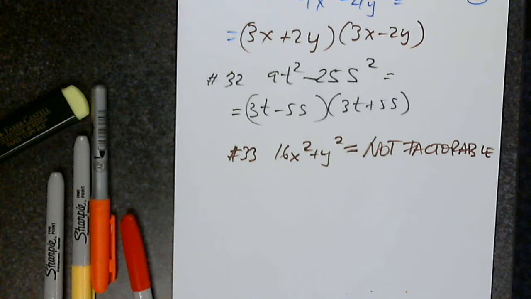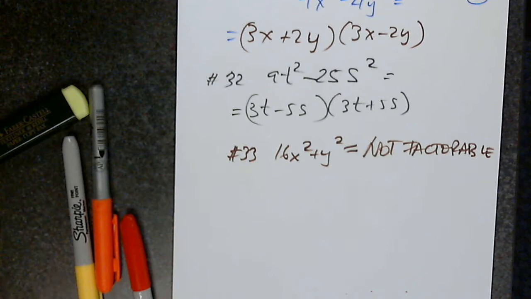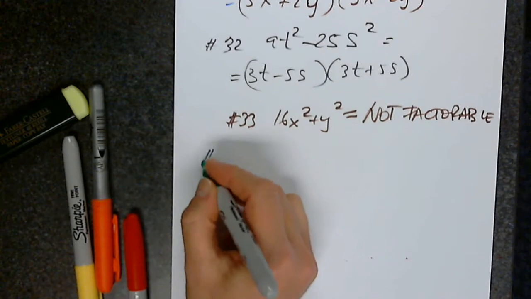Next question. Number 36. What does it say? 2x cubed plus 8x. Very good.